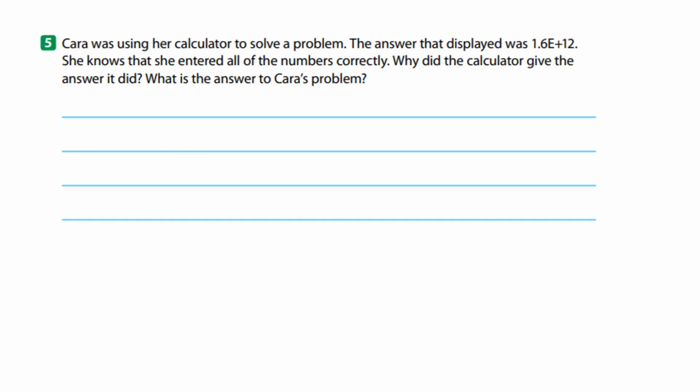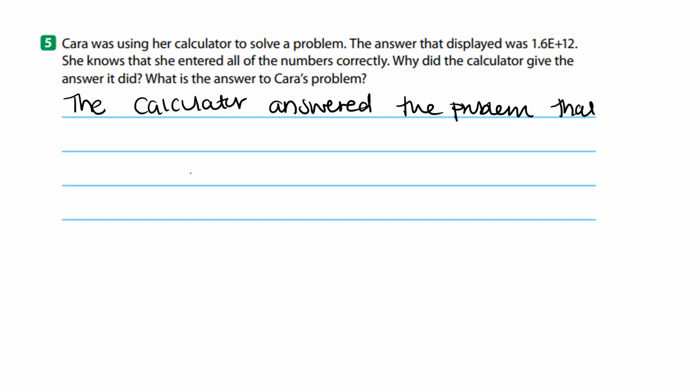Number 5. Kara was using her calculator to solve a problem. The answer that displayed was 1.6e plus 12. She knows that she entered all of the numbers correctly, and why did the calculator give her the answer it did? What is the answer to Kara's problem? The calculator answered the problem that way because it cannot display exponents.